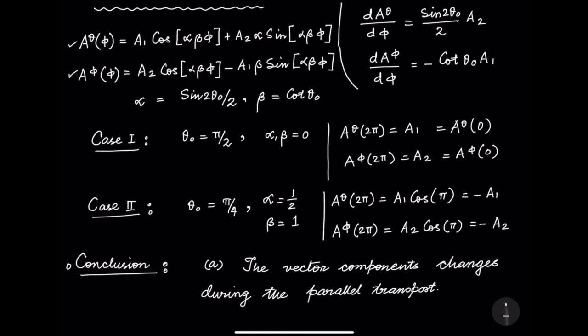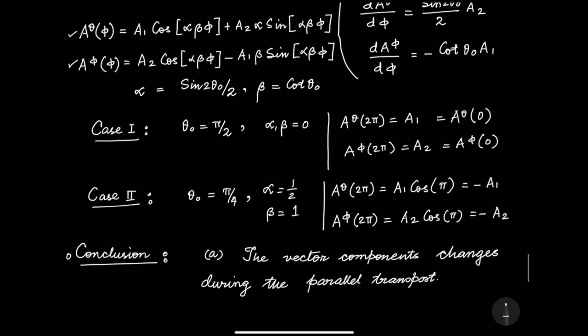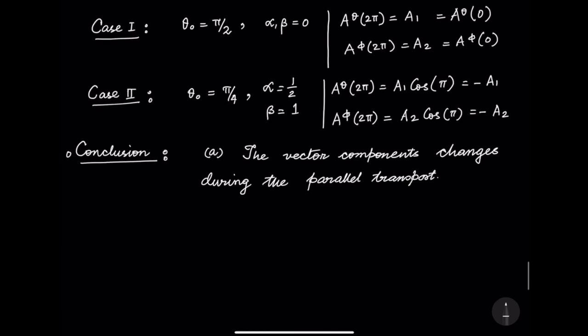Obviously, if theta 0 is pi by 2, this is not true, but in general it changes. The closed loop change happens.